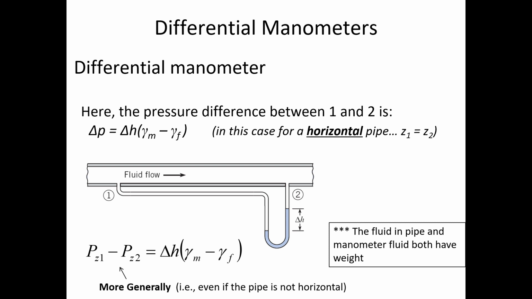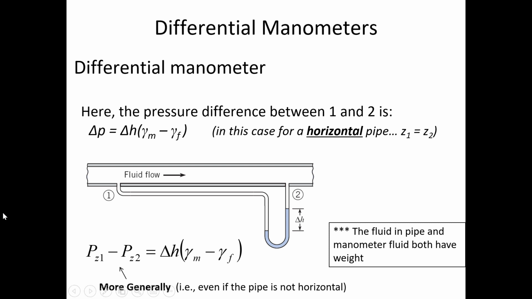And so although P1 is less than P2, or another way of saying that is P2 is greater than P1 because it's deeper in the fluid, P sub z1 equals P sub z2. The piezometric pressure is the same because piezometric pressure keeps track of both the pressure at a location and its elevation above the datum. So that's what you were told previously about piezometric pressure.